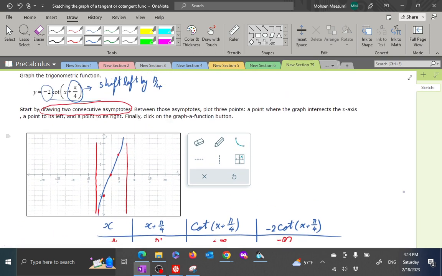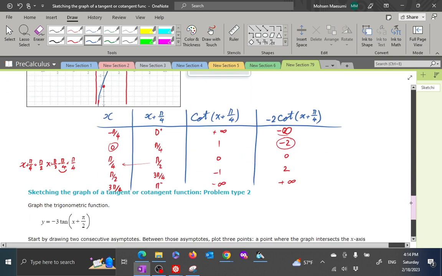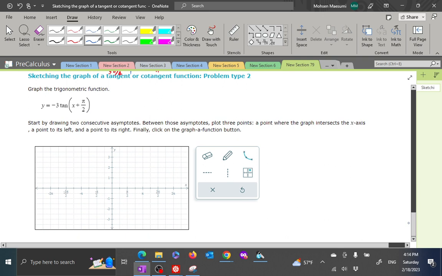Then twice as tall, so you stretch it by a factor of 2, and then minus means flip. Minus means flip upside down. You have to flip your picture, and that's how you get your answer. We have one more without room.